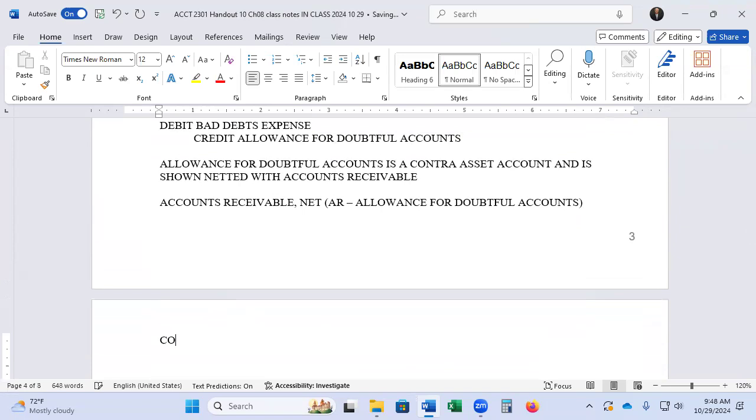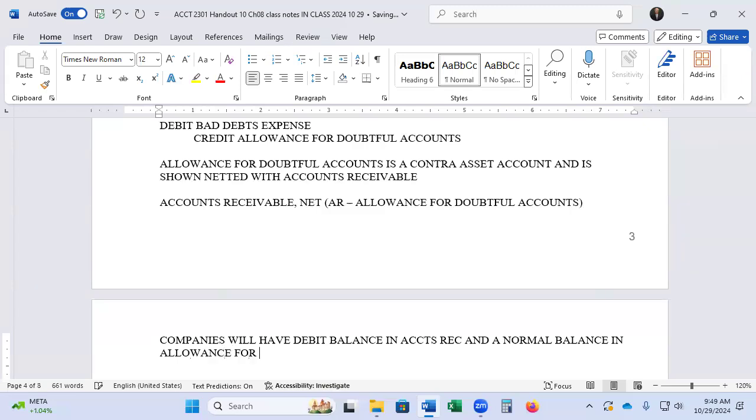Note here, companies will have a debit balance in accounts receivable, and a normal balance in allowance for doubtful accounts will have a credit balance.